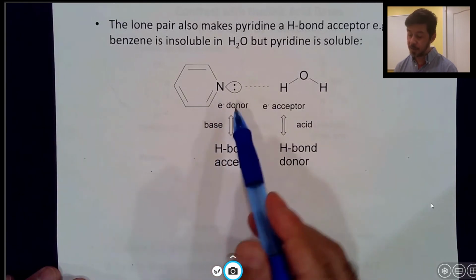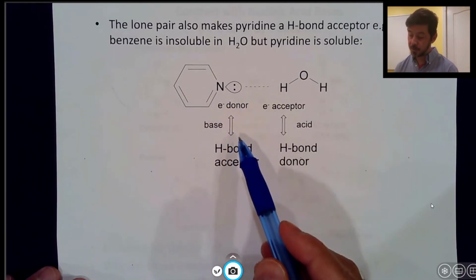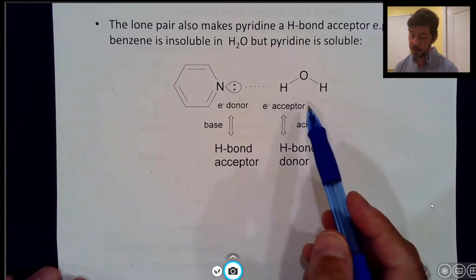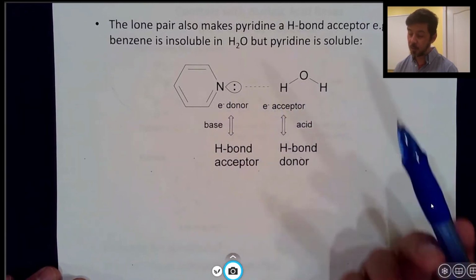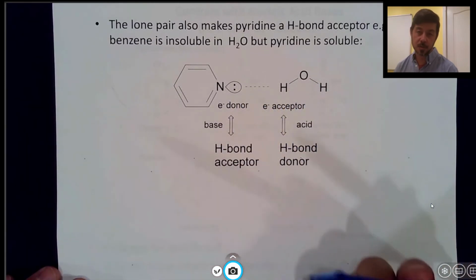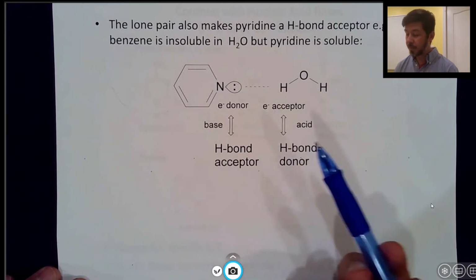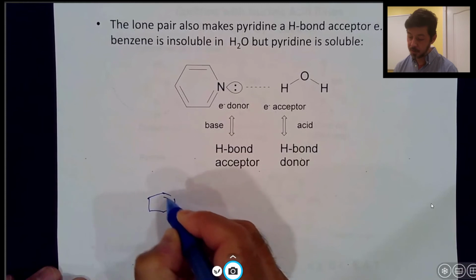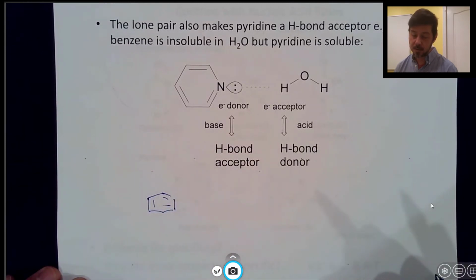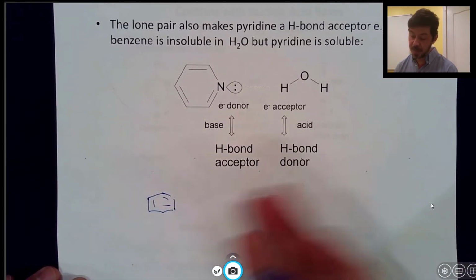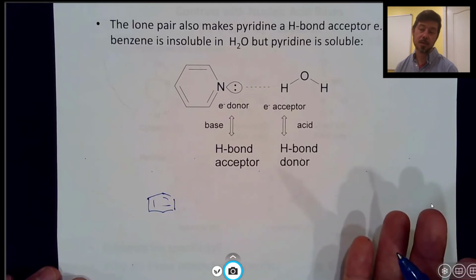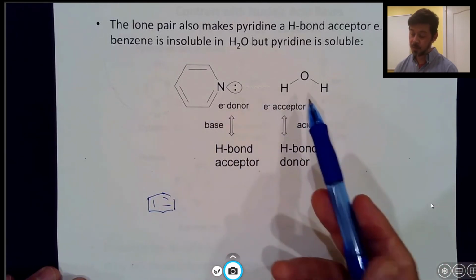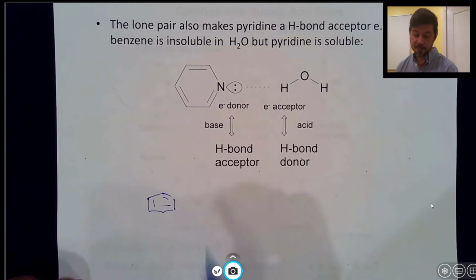So you have the nitrogen electrons here, which are a hydrogen bond acceptor, and it can hydrogen bond very well with things like water or other polar molecules. Whereas if you had something like benzene as a solvent, benzene just looks like this. It's entirely hydrocarbon. Benzene with water will not mix, right? So pyridine with polar compounds mixes quite nicely.